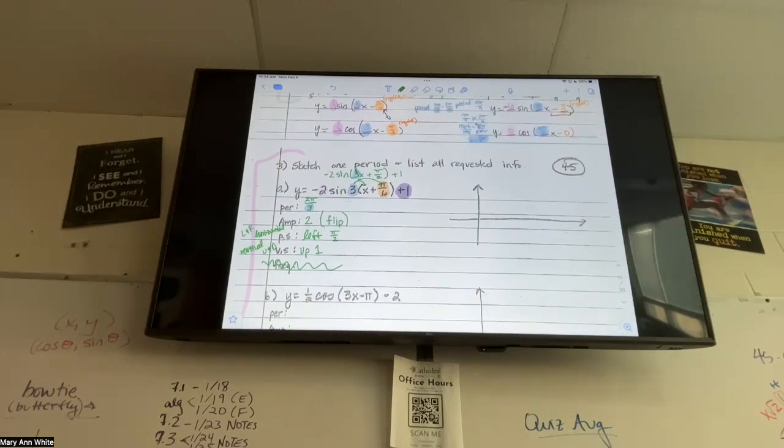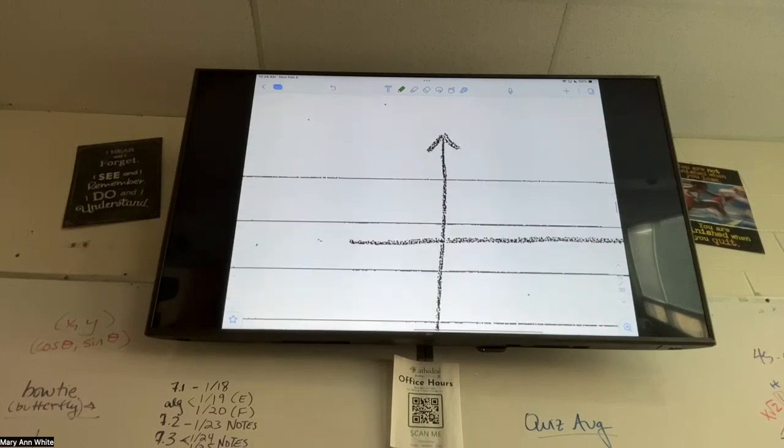All right, let's start labeling my graph. I still want to do amplitude first, but I need to take into account that we're moving up 1. So if my amplitude is 2, that means normally my lowest point would be -2 and my highest point would be +2. However, if I'm moving up 1 unit, what's my lowest point? Nope.